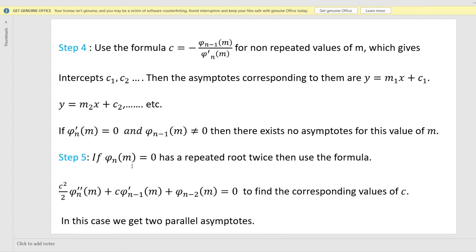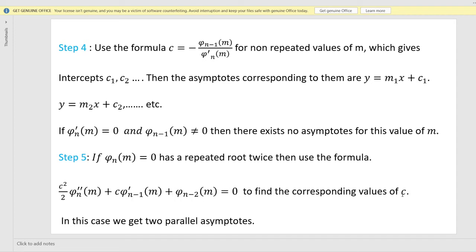And if phi n of m is equal to 0 has a repeated root twice, then using this formula we can find the c value: c square divided by 2 into phi n double dash of m plus c phi n minus 1 dash of m, that is the first derivative of the function phi of degree n minus 1, plus phi n minus 2 of m is equal to 0.